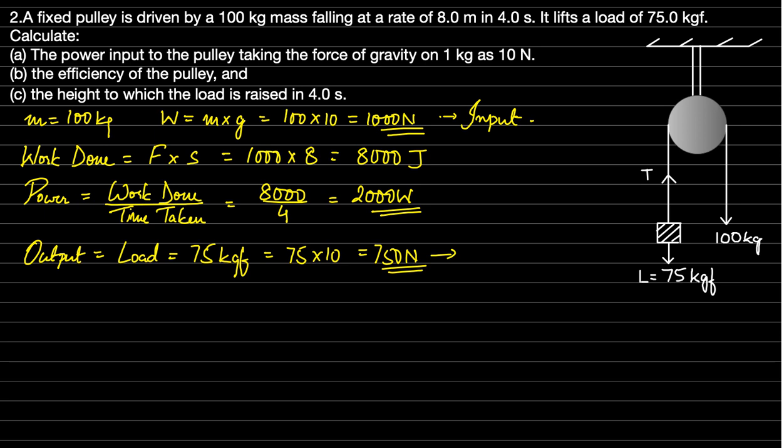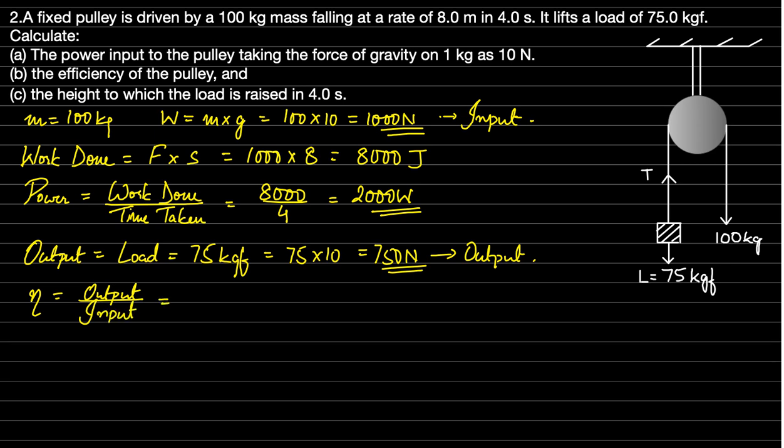So we have got output here, and top you can see we have got input. So efficiency formula, we know it as output by input. So I would write the symbol eta, that is equal to, efficiency is always output by input.